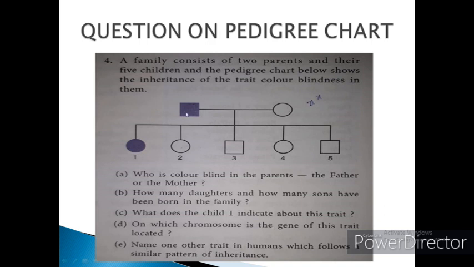So we know that it is an X-linked trait, it is on the X chromosome. Name other traits in human beings which follow a similar pattern of inheritance. So we know that rolling of the tongue and non-rolling of the tongue is also one kind of character of the same type, which we have discussed already.